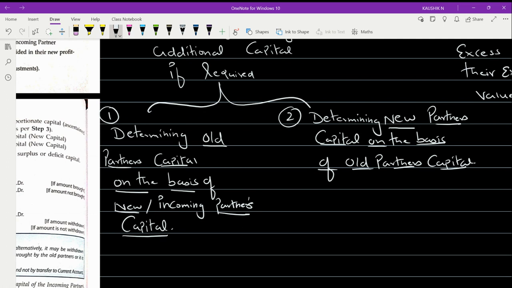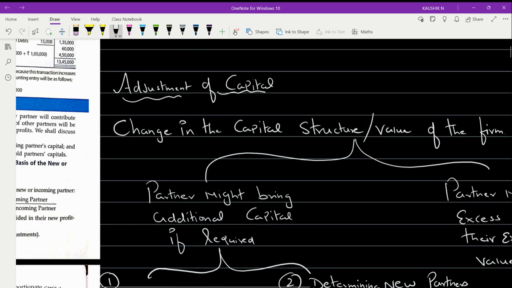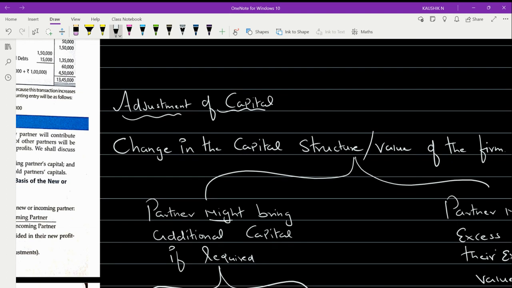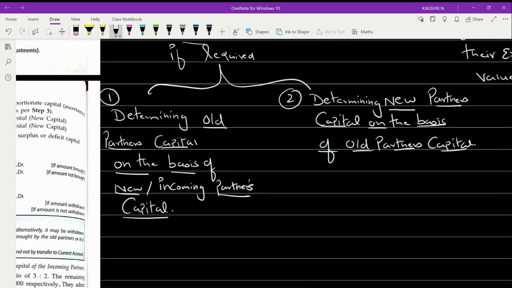Now, let it be either method 1 or method 2. In both these methods, if he is going to bring in the required capital, because now we are dealing in the category of partners might bring additional capital, we have decided on what basis the capital should be calculated, and we found that the incoming partner or the old partners have to bring some additional capital.